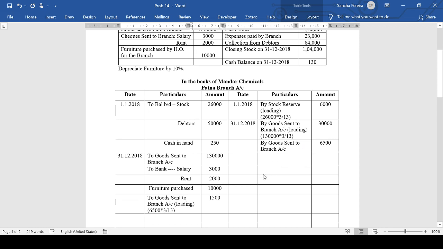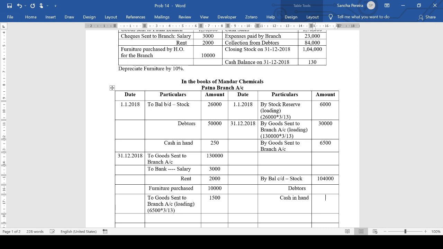And then we have the closing balances. We'll just leave around 2 lines here. By balance carried down, we have stock 1,04,000. There is debtors, which I don't know yet. I will just write it and keep. And there is cash in hand, which is 130.